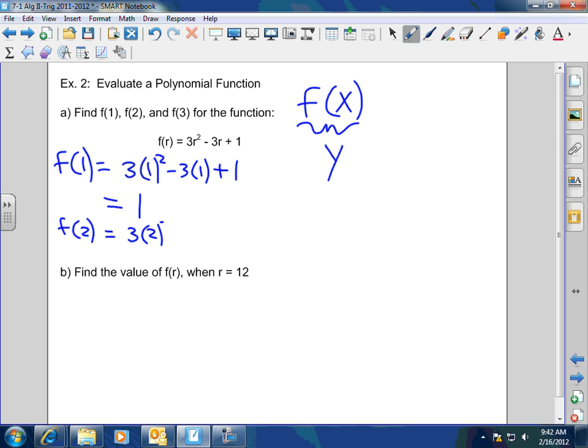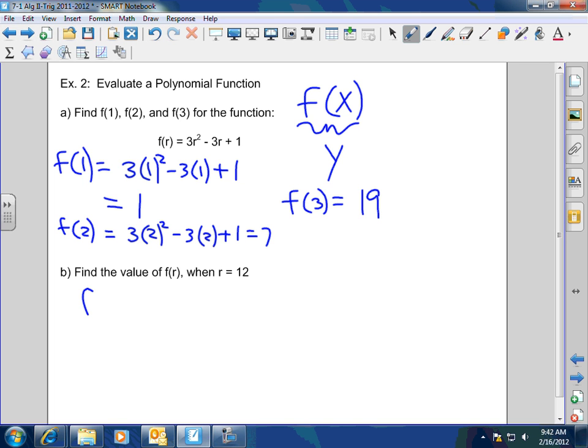3 times 2 squared minus 3 times 2 plus 1. That is 12 minus 6 is 6 plus 1 is 7. Very good. And f of 3 here, what would that be? 19. It's going to be 19. Very good. Okay, now, what would f of r be here if r was 12?